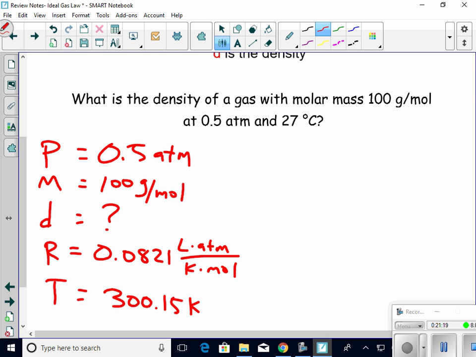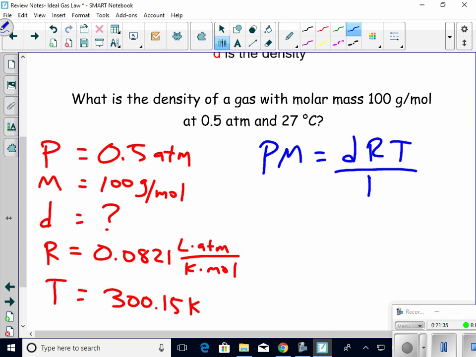So, I bring it back into my equation. If I'm post-mortem, I'm under the dirt. So I am solving for D. So I divide both sides by RT.